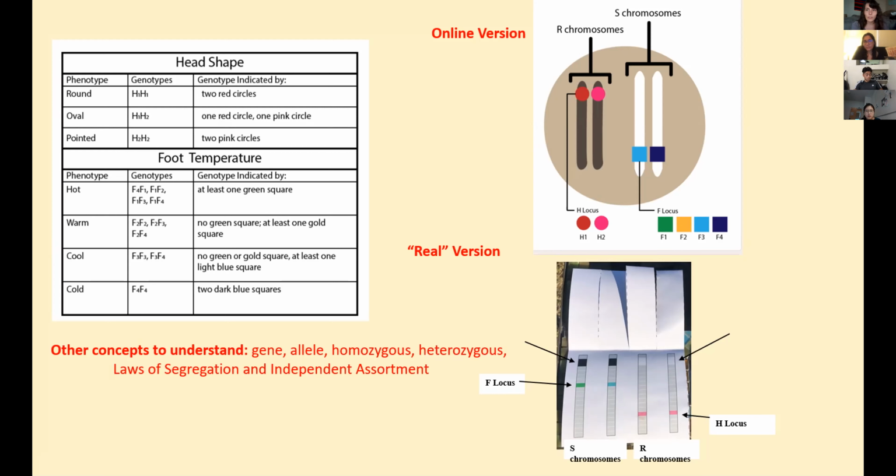We have light blue and green, and if there's at least one green rectangle, then it means that the foot temperature is hot. These are funny traits that they have selected for us to look at.